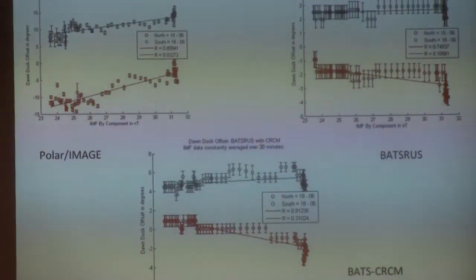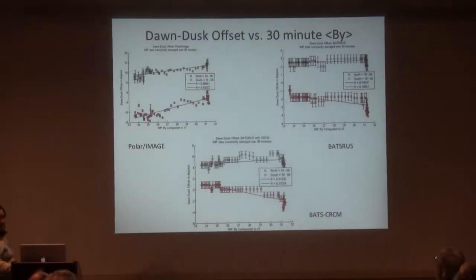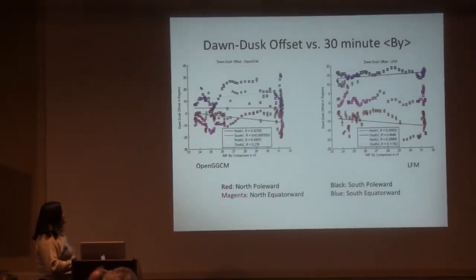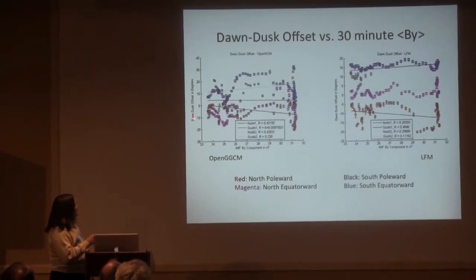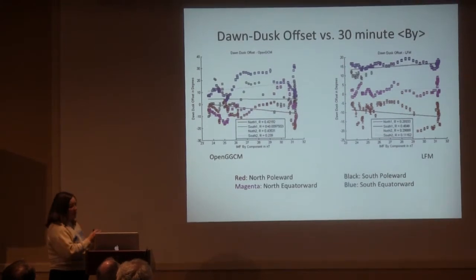Okay, so we looked at these offsets versus BY. We looked at the offsets now using the high, the middle, and the low if we had multiple open-closed boundaries.